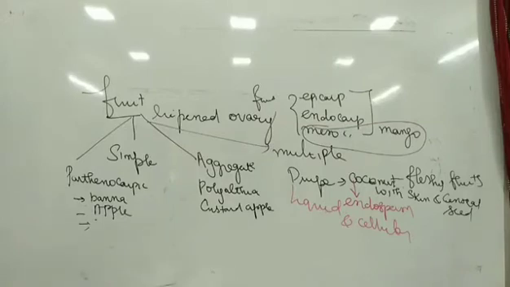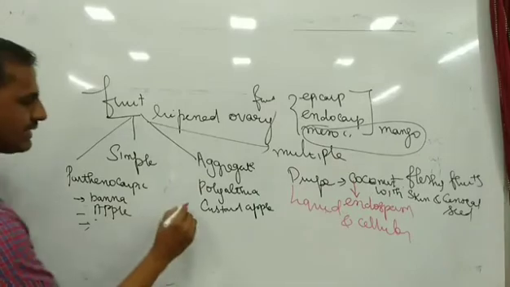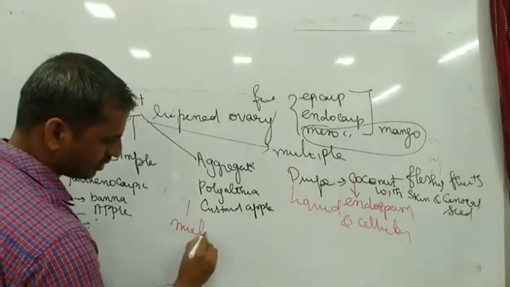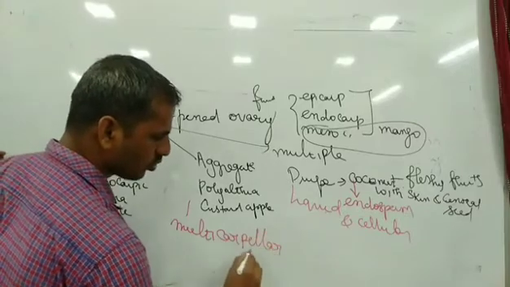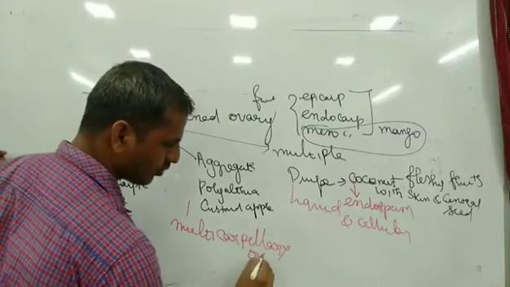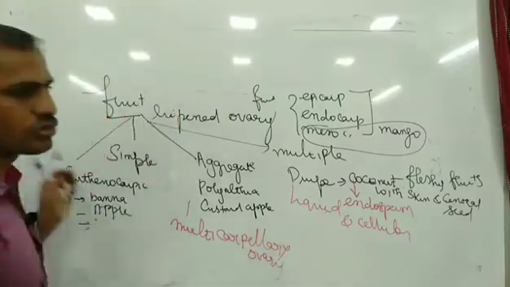And now the aggregate fruit. Aggregate fruits are mainly formed because of a multicarpellary ovary. Why is it formed?